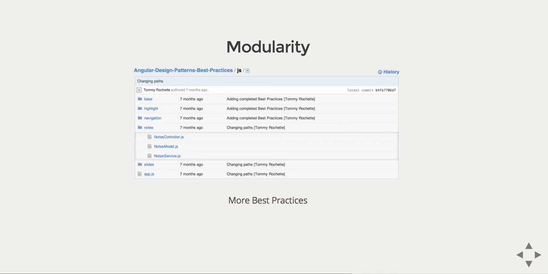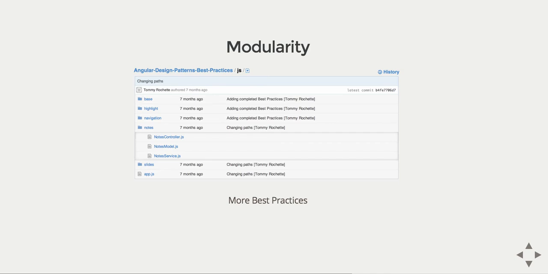We had a notes module, a navigation module, a highlight module, and so on. In each module you put your controllers, your models, your services, everything that you want to broadcast to people. This worked very well for us.